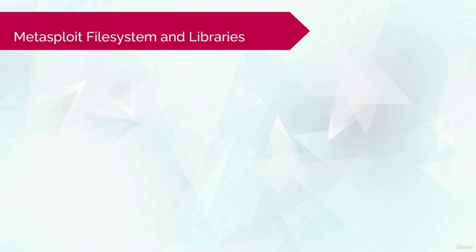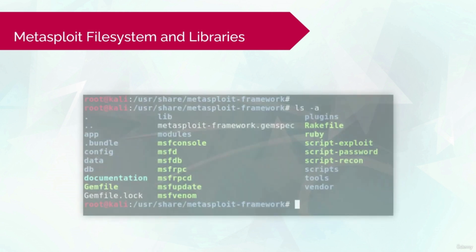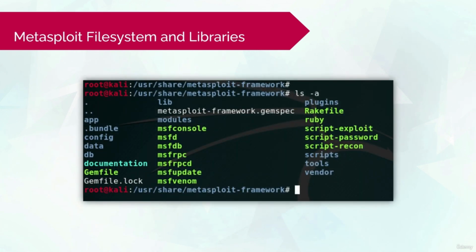Metasploit framework is provided in the usr/share/metasploit-framework directory in Kali Linux, and one can more easily understand the Metasploit architecture by having a look under its hood. So let's examine the file system of Metasploit and see just how the framework is constructed.